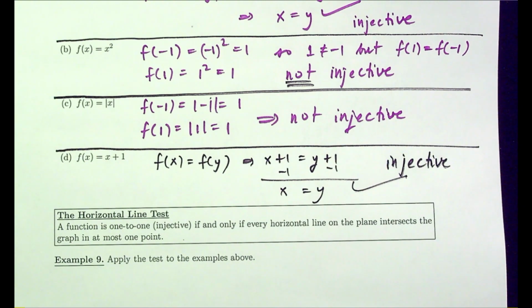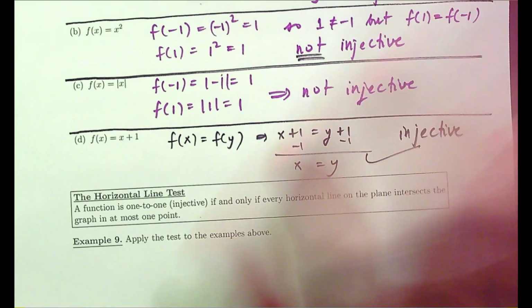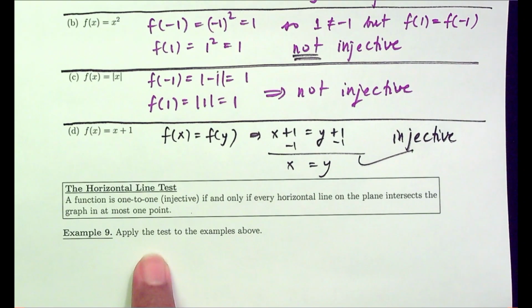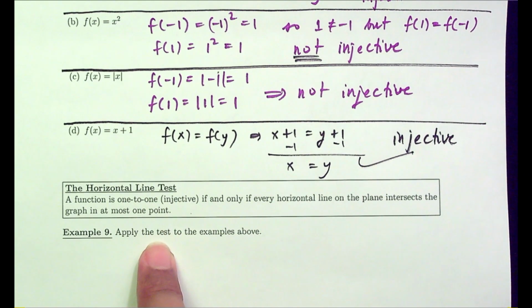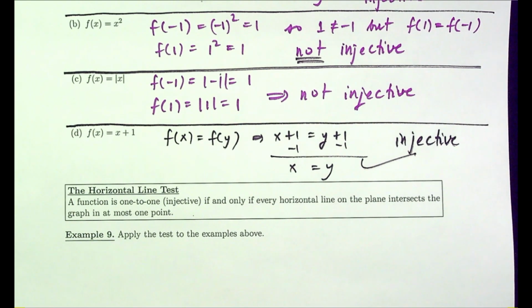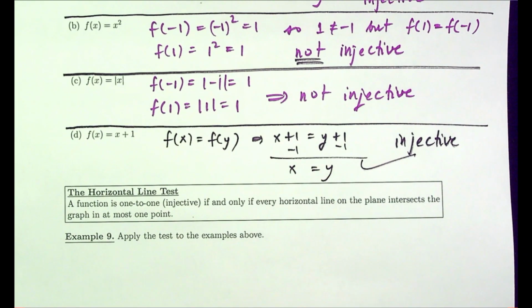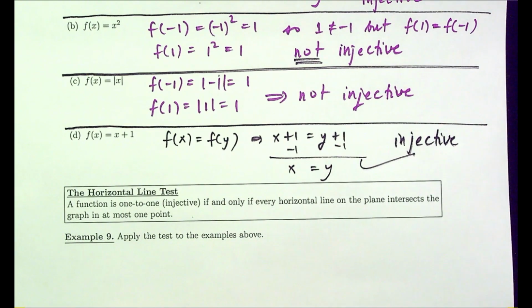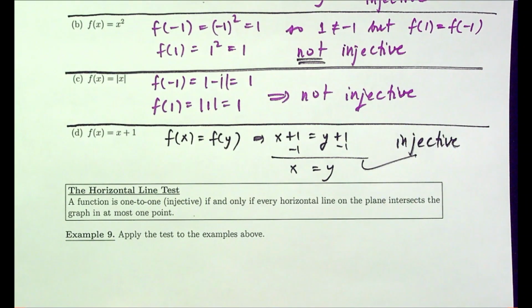Basically, the horizontal line test says that a function is injective or one-to-one if and only if every horizontal line through the graph intersects the graph in at most one point. So it's like the vertical line test, but with horizontal lines. A horizontal line cannot intersect the graph more than once. If it intersects the graph more than once, then it is not injective.